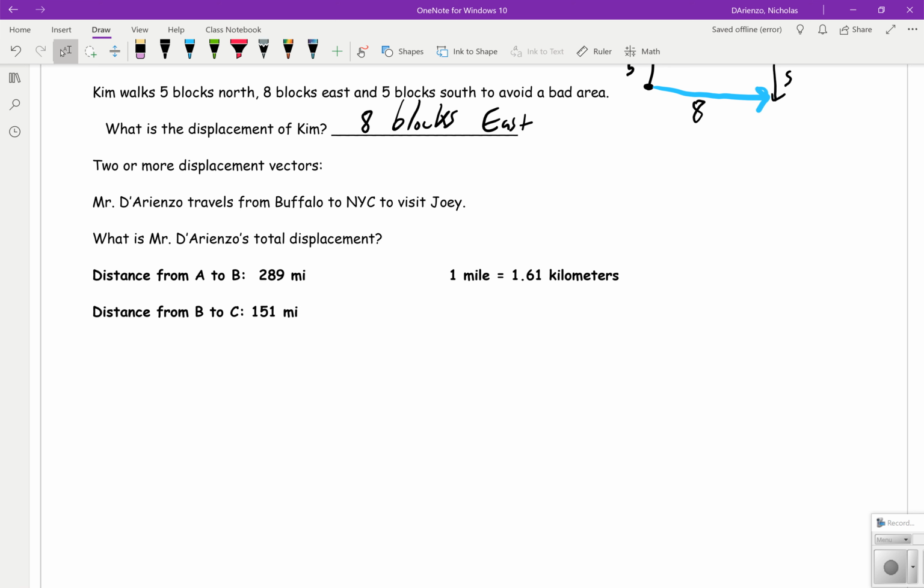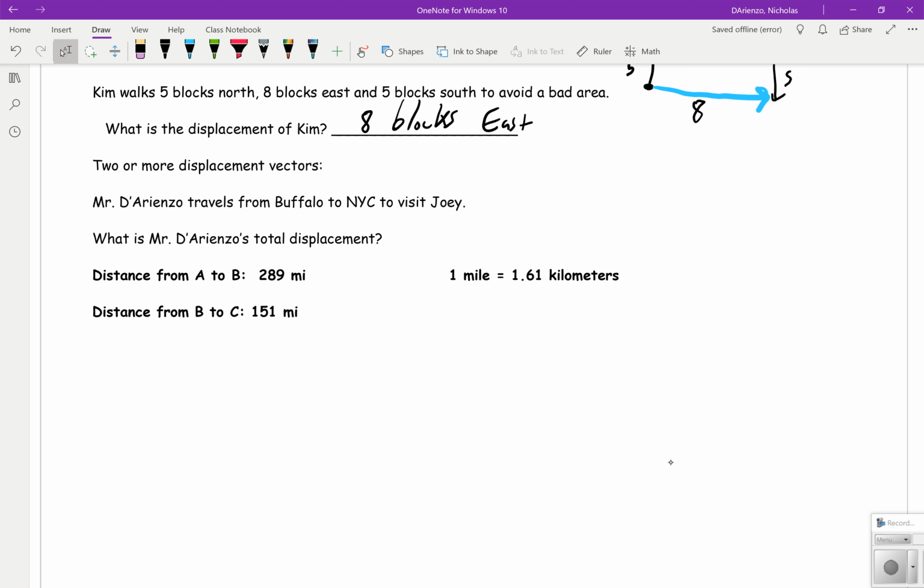Now, looking at vectors not in straight lines or at nice 0, 90, or 180-degree angles, we can have vectors that move at different angles. We're going to keep this relatively simple for now. Now, if I wanted to travel from Buffalo to New York City to visit my son, what would my total displacement be?